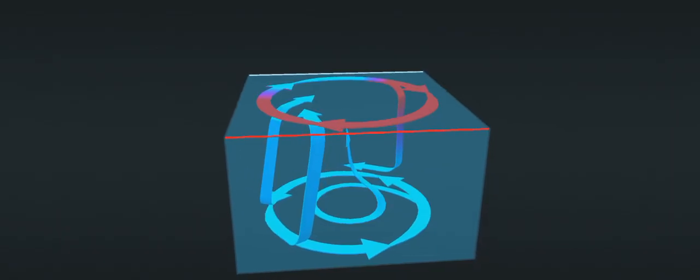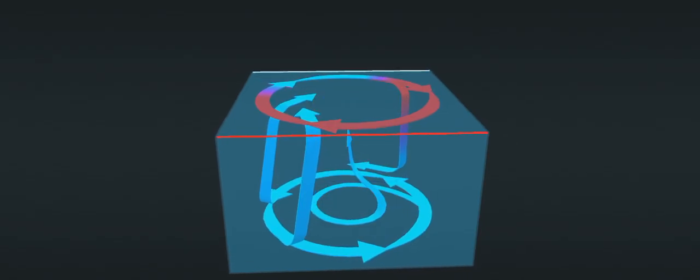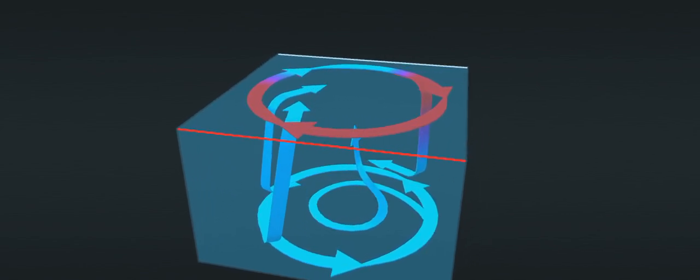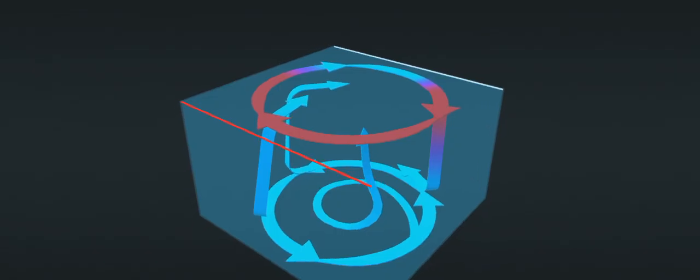Moving northward, the water cools down while its salinity level remains constant. Since its density is higher than that of the lower water mass, the surface water sinks into the ocean basin and flows back towards the equator, forming a cold, deep ocean current. Here, the cold body of water rises, thereby closing the cycle.